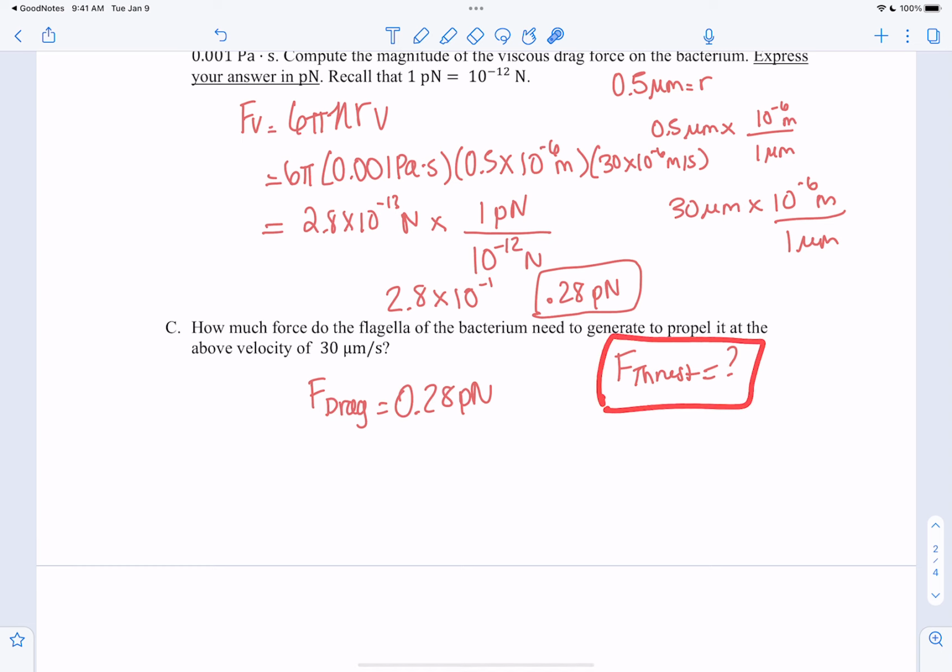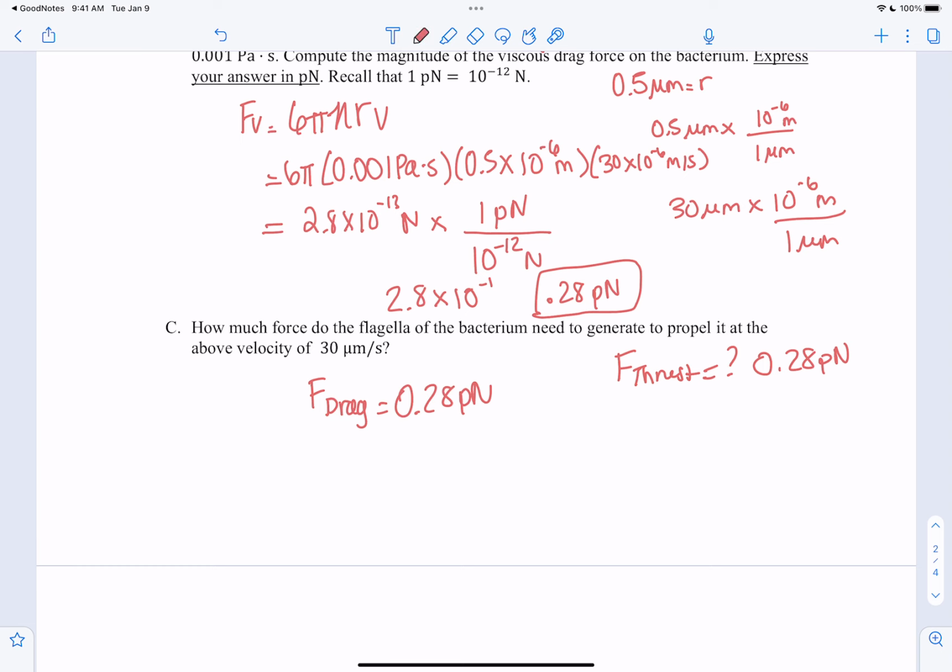Technically, you don't even really need to set up an F net equation to figure things out. F thrust would still be equal to 0.28 piconewtons, because that thrust force is equal to that drag force. When they're equal, that's when you experience that constant velocity. That's when you experience that F net equals 0. That's when you experience that terminal velocity. That's the idea.